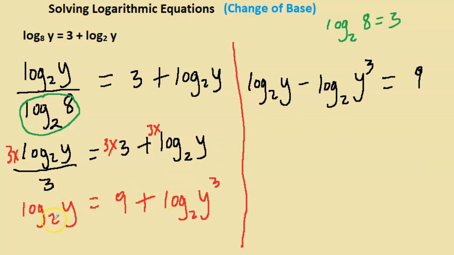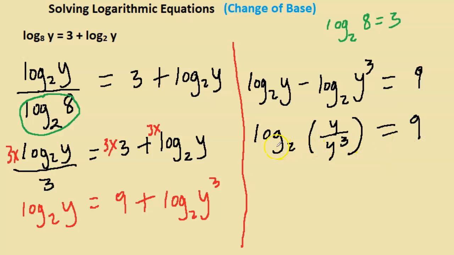So I just group the logs over the left hand side. Now remember the rule, we can consolidate the logs. So this will be y over y cube equal to 9. Good. Which means that 2 to the power of 9 is equal to y over y cube.